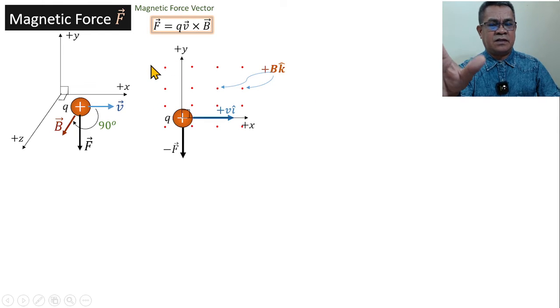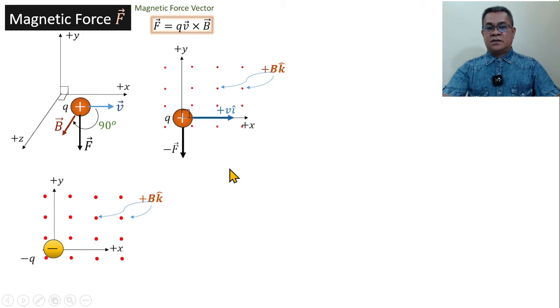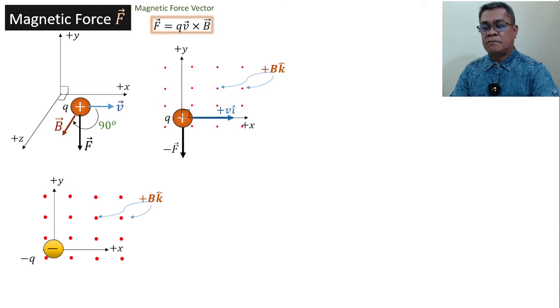So the magnetic field can be assigned along y or along x, and the force can be assigned along x and along z also, and vice versa. Okay, so look at this figure, to exercise ourselves on how to convert the 3-dimensional drawing into 2D.